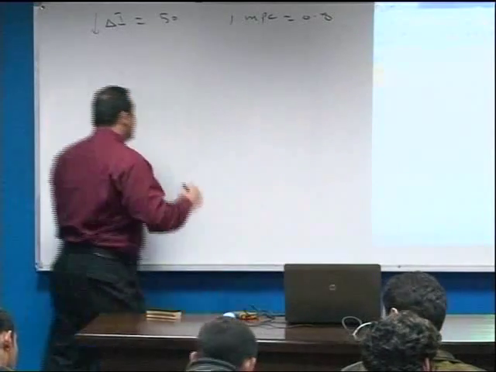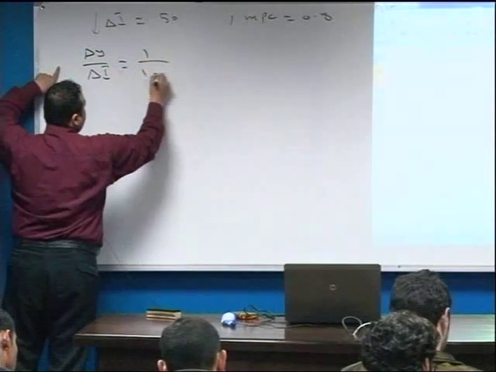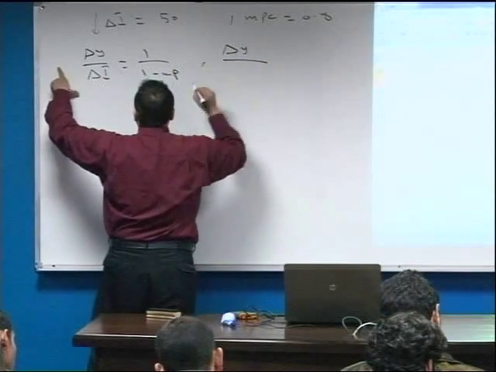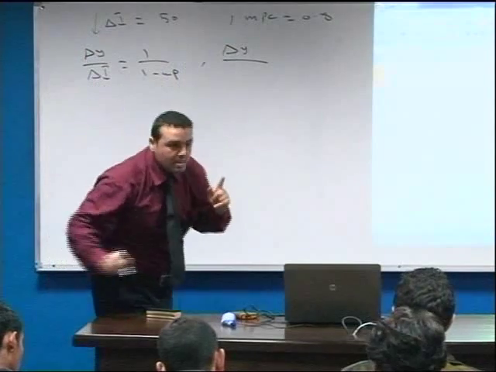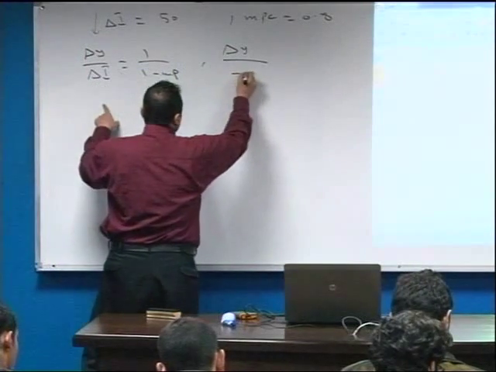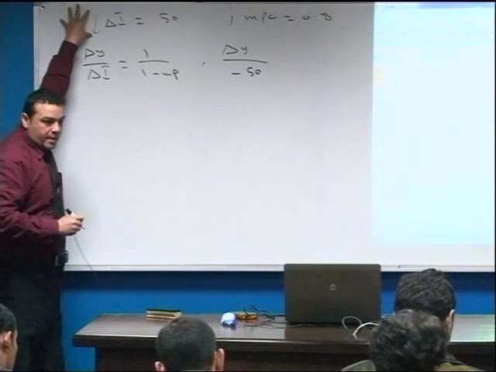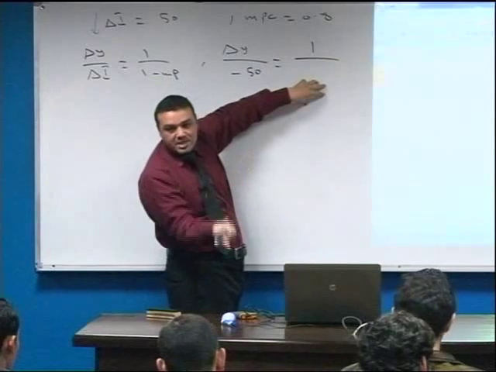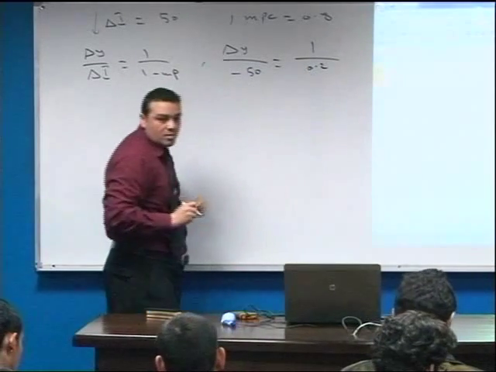In this case, delta Y over delta I equals 1 over 1 minus MPC. Since it is a decrease, it should be minus, so over minus 50, because we have a decrease in aggregate investment. So it equals 1 over the MPS, or 1 minus MPC, which is 0.2.